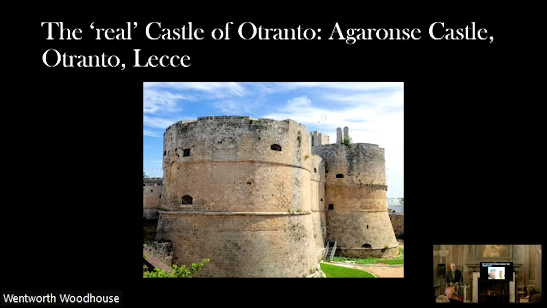But we need to remember that in titling his novel, Walpole purportedly simply glanced at a map of Italy, finding in the town of Otranto in the Kingdom of Naples what he called a well-sounding or sonorous name.